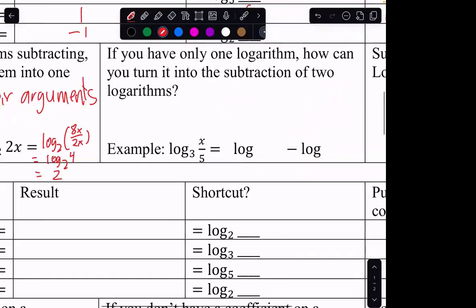Okay, and then going the opposite direction, if you want to split up a logarithm into subtraction, you choose two numbers which divide to equal the current argument. Doesn't have to be a number, expression is probably a better word.